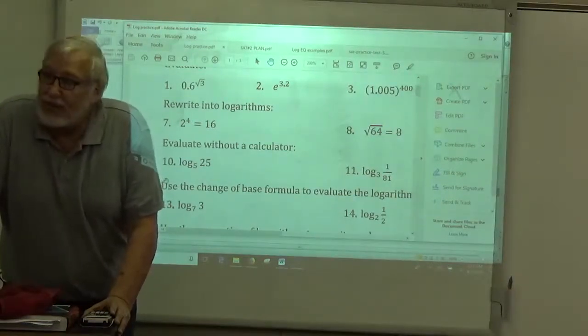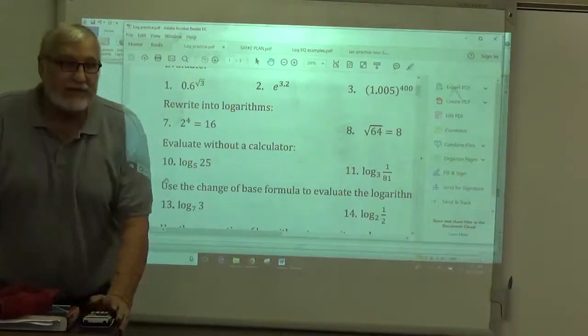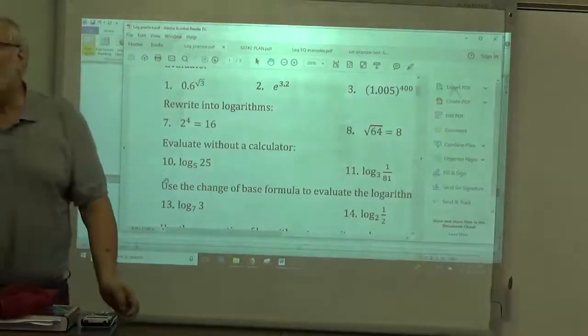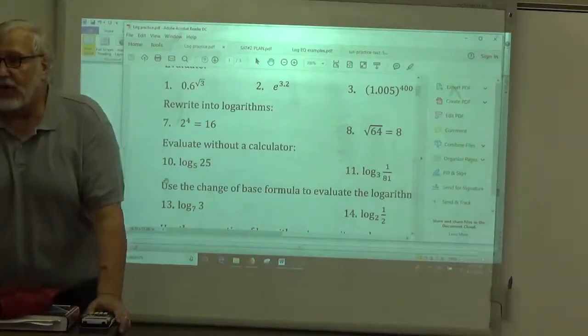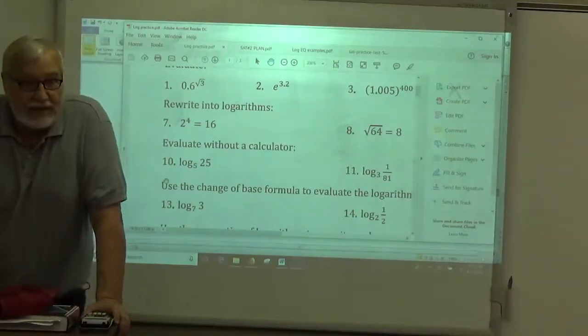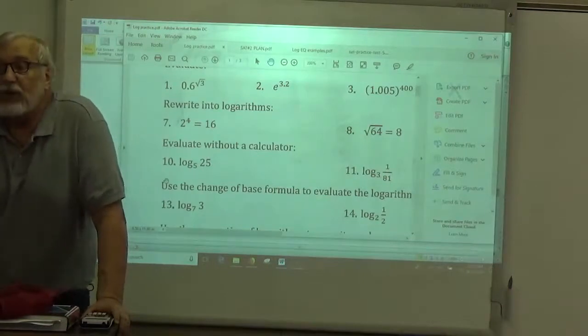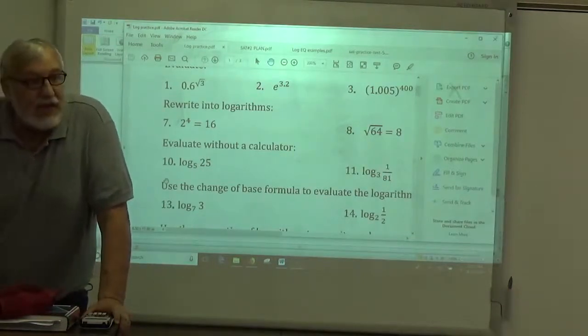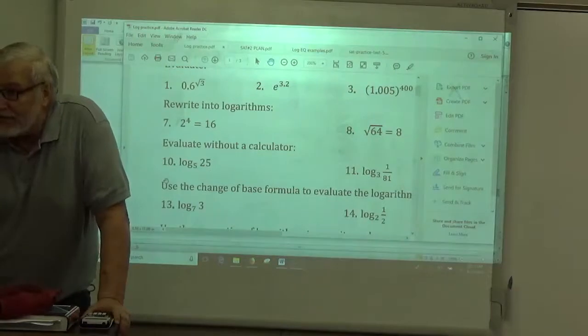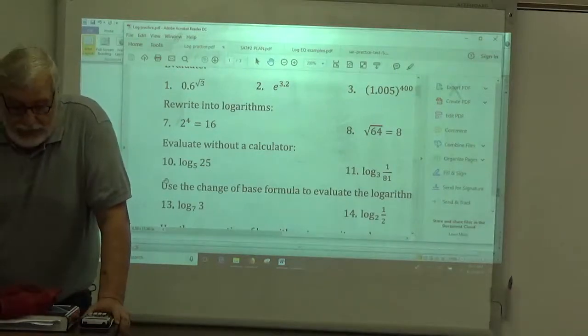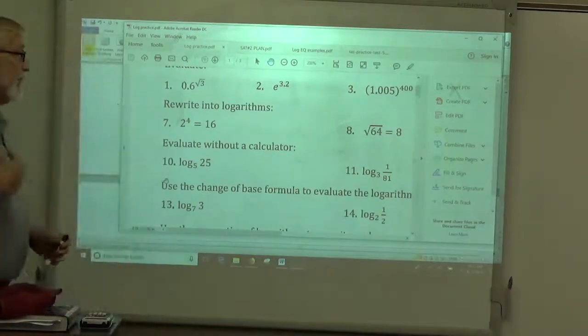It's between 2 and 3. And so, now when we have regular logs, what's the base of the regular log? 10. And when you use ln, that's a base of 2.7. Clear? As mud.